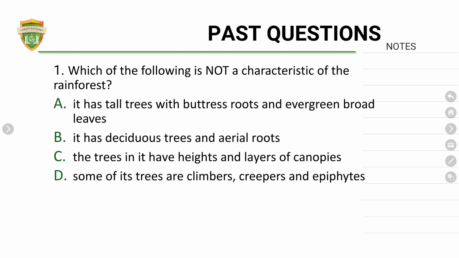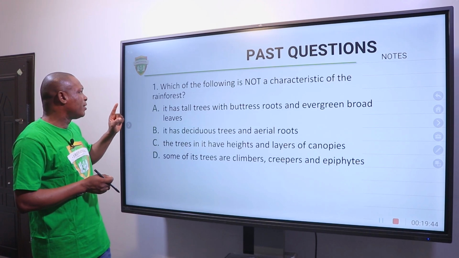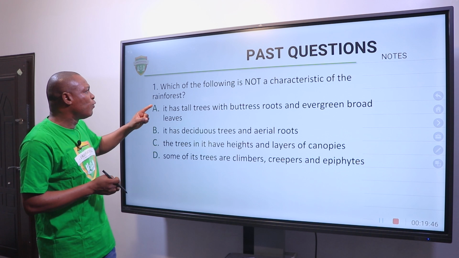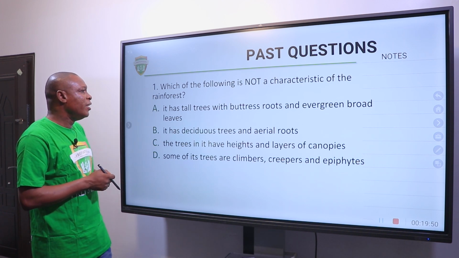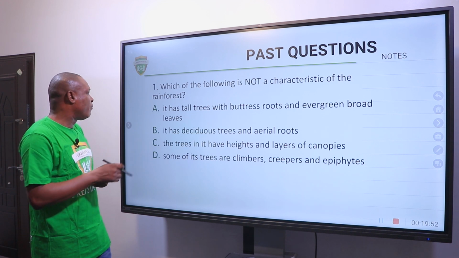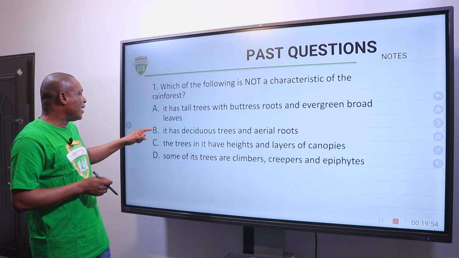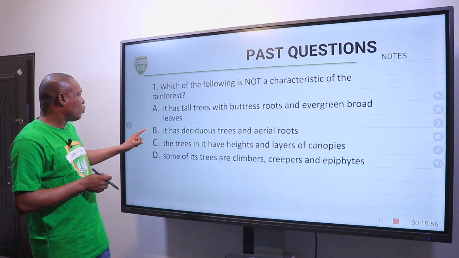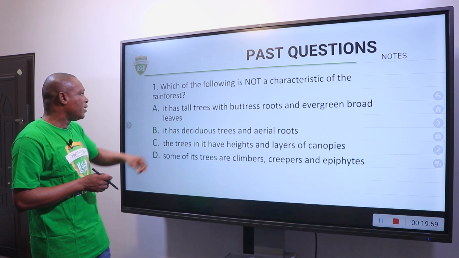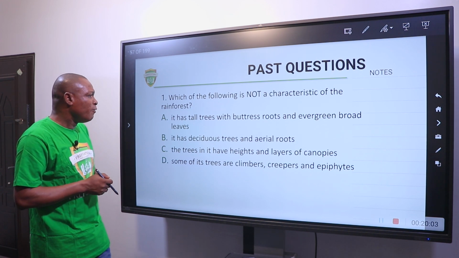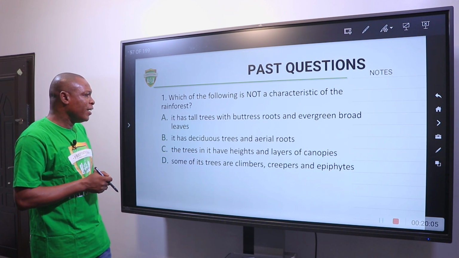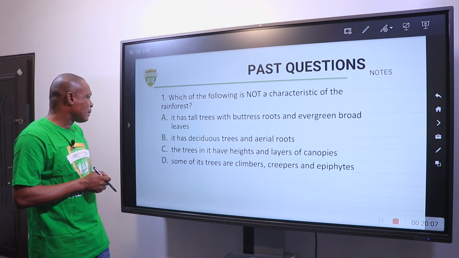D, some of its trees are climbers, creepers, and epiphytes. So remember that the question is, which of the following is not a characteristic of the rainforest? The right answer there is option A. It has tall trees with buttressed roots and evergreen broad leaves.